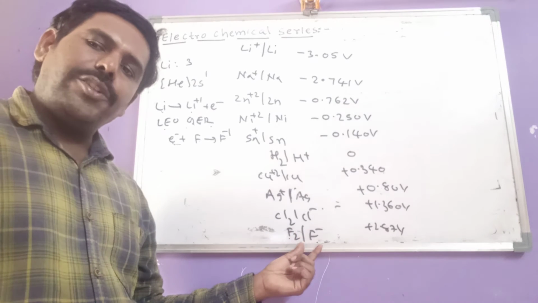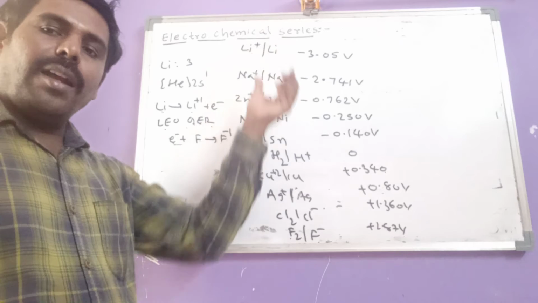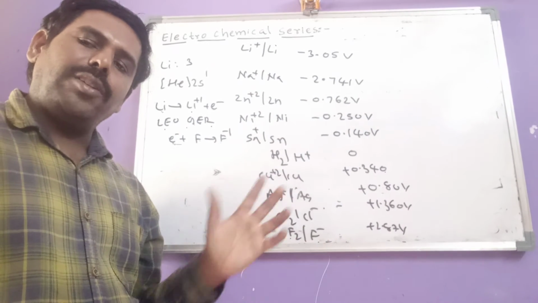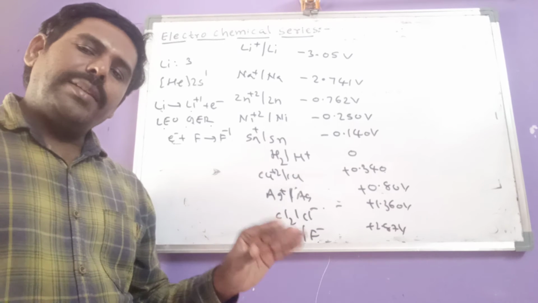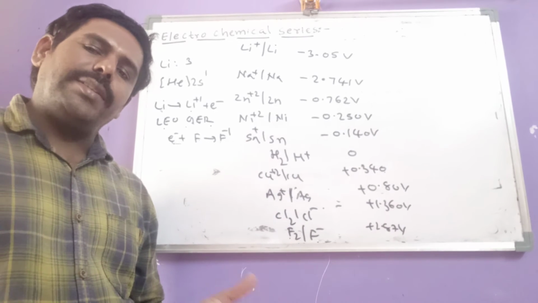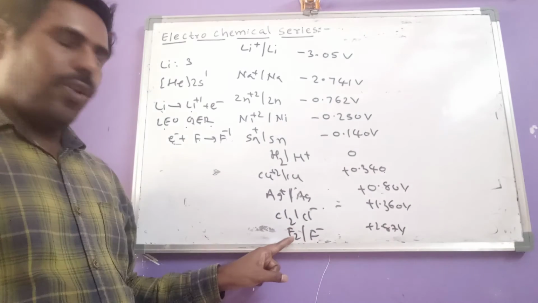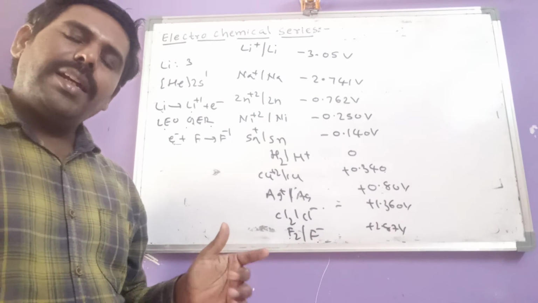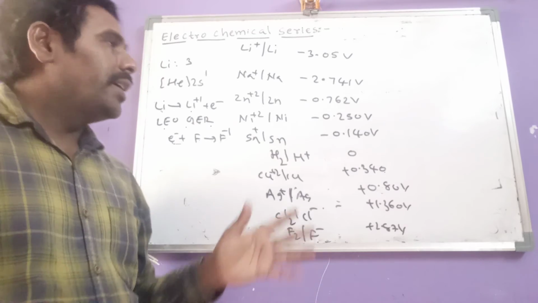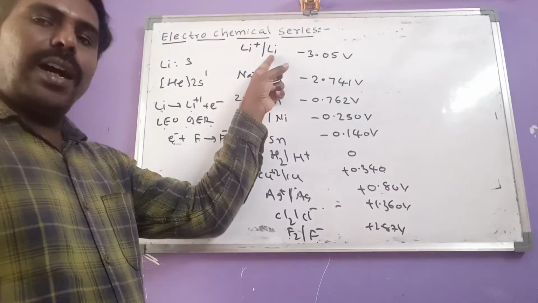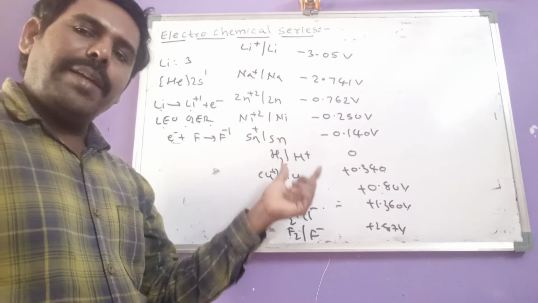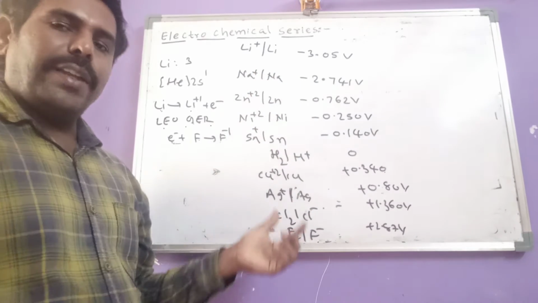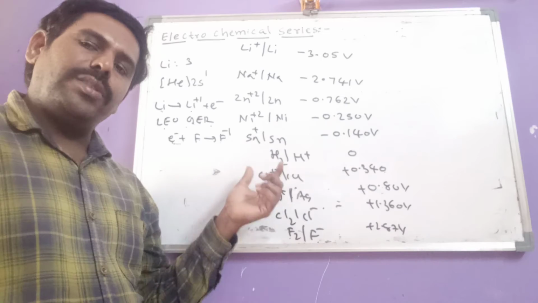Fluorine can be reduced by all other metal electrodes and non-metal electrodes. Then this is in the reverse direction, we can say: fluorine can oxidize all the metals and non-metals, and lithium is oxidized by all the metals and non-metals.